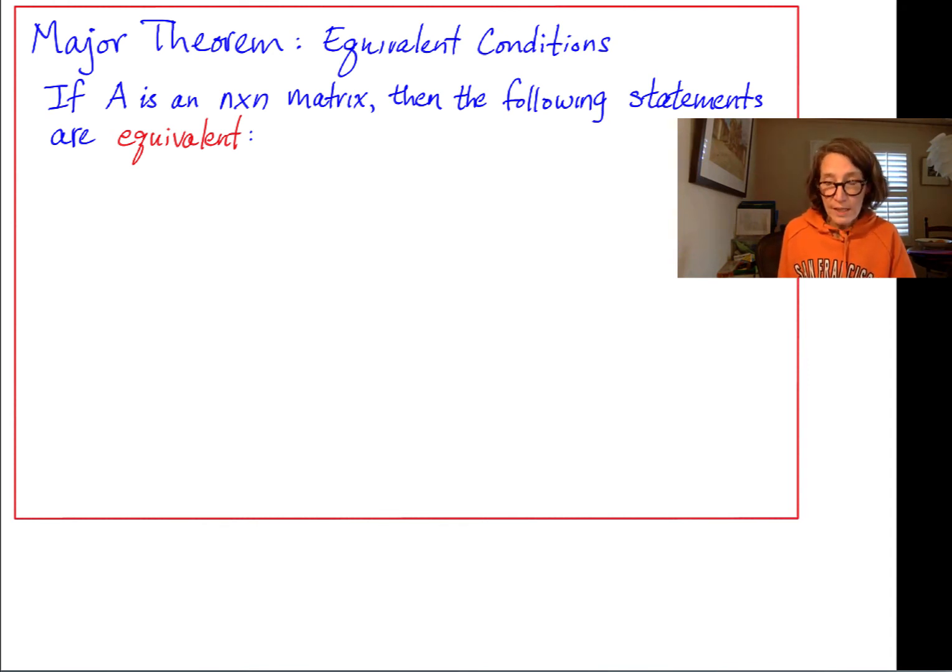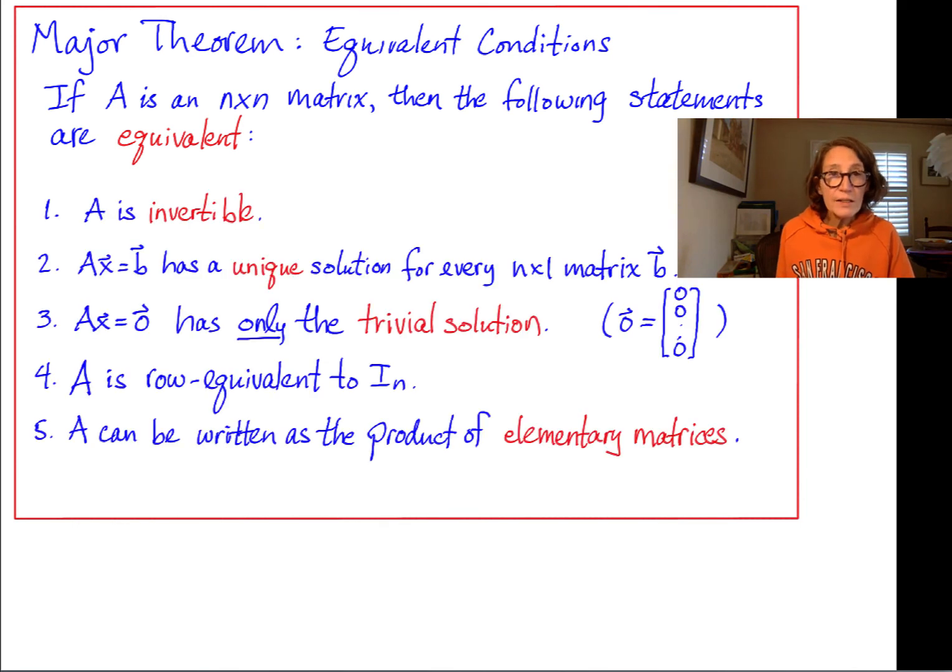So we've already seen the first 5. If A is an invertible matrix, then those other 4 statements have to be true. If the system AX equals 0, that homogeneous system, doesn't have just the trivial solution, it has infinitely many solutions, then A cannot be invertible. So all of these statements are true, or all of them are false.